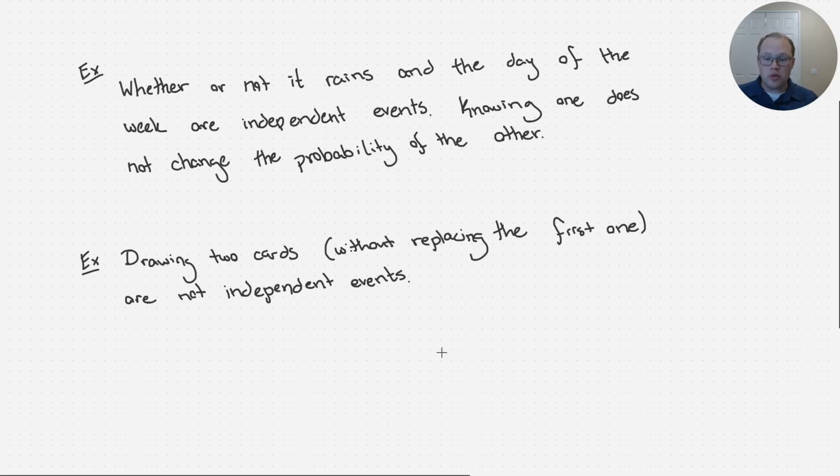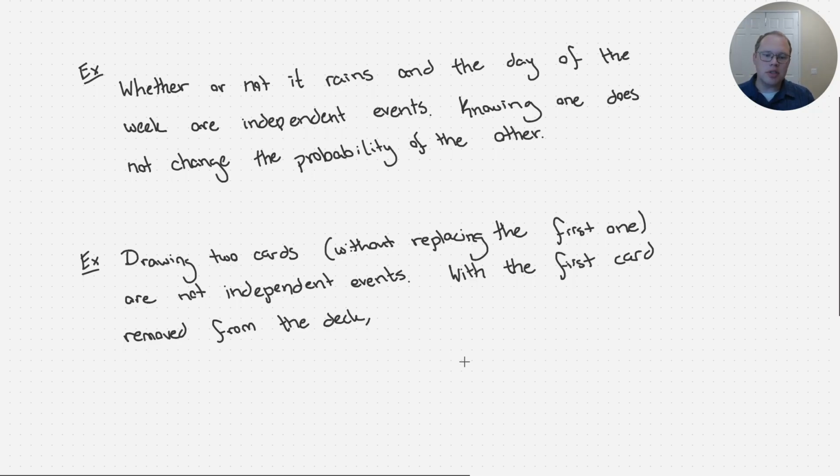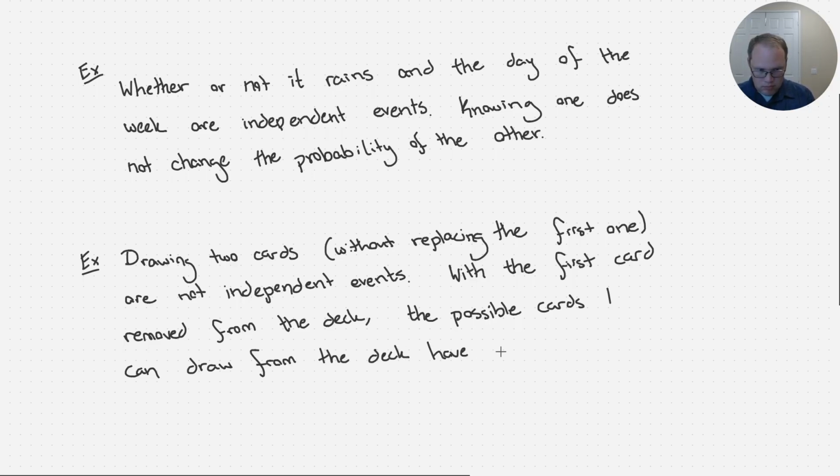So generally drawing two cards are not independent events, because with the first card removed from the deck, the cards that I can possibly draw in the deck have changed. So this gives you some intuition on what these independent events are.